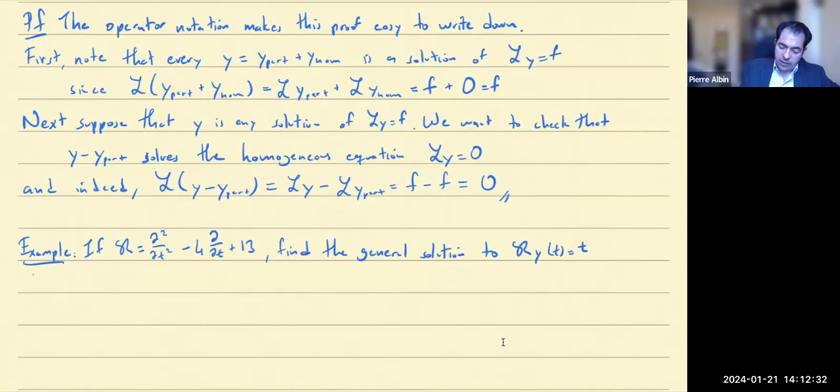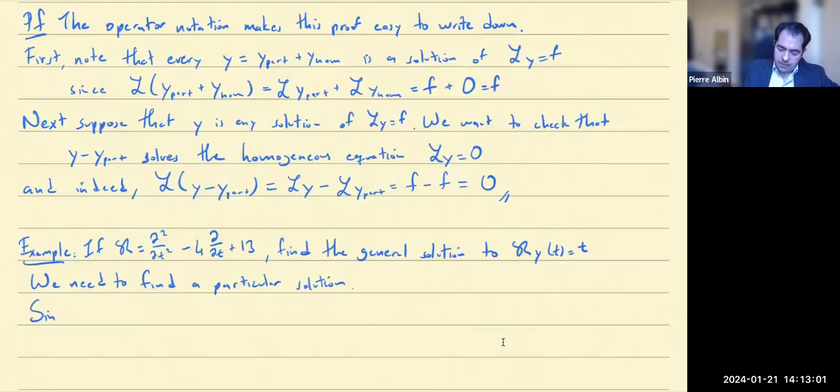Okay, so the theorem tells us that we need to find a particular solution. Right? Once we found a particular solution, we can just add the general solution of the homogeneous equation, and then we have all of the solutions to the non-homogeneous equation. Okay, so we need to find a particular solution.